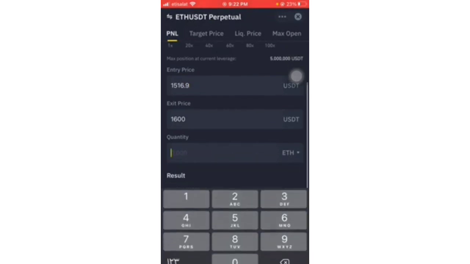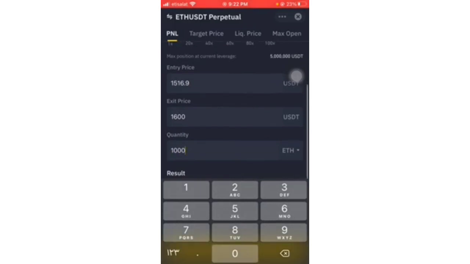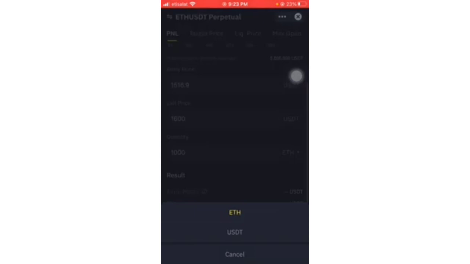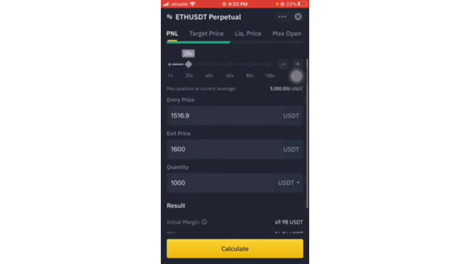Let's just say I want to buy quantity. The quantity, let's just say $1,000. Let's use USDT for some people to understand better. So what it simply means is I'm buying $1,000 quantity of Ethereum. If I calculate this, it's going to tell me what money I need to have at 20x leverage.